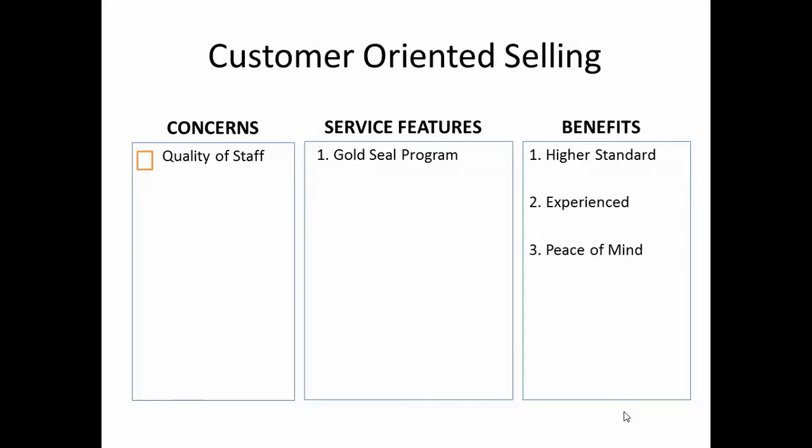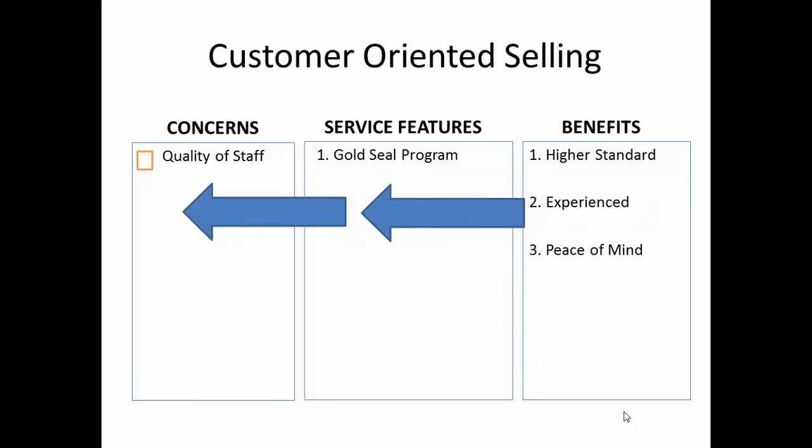I then stated the benefits that Drew was looking to achieve and explained to him that he can achieve these benefits through our Gold Seal program, which in turn eliminates his concern of quality of staff. And always remember to trial close throughout the entire process, which removes the concern completely.